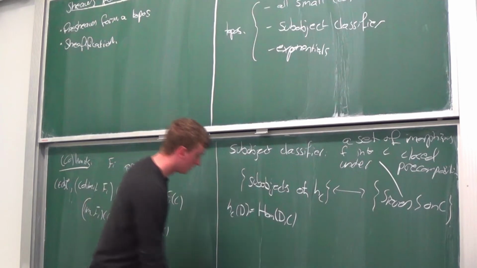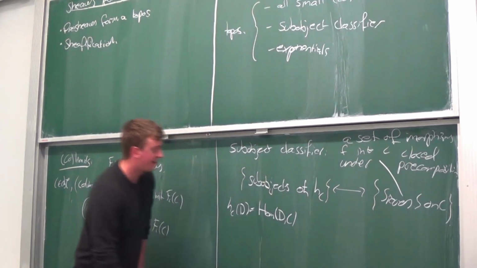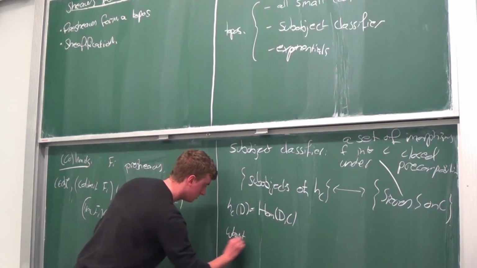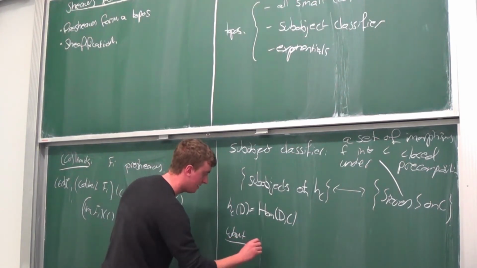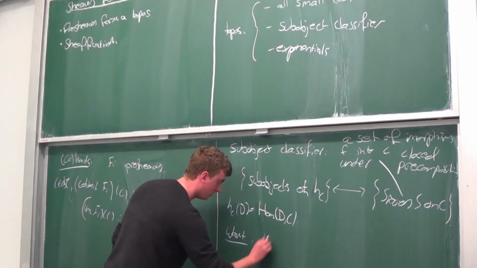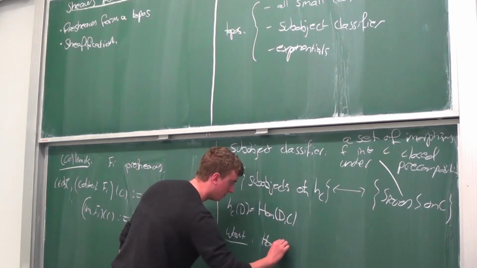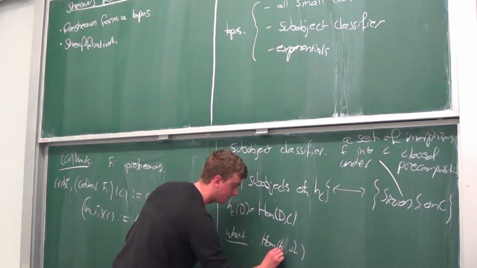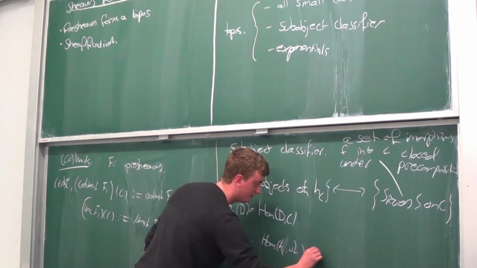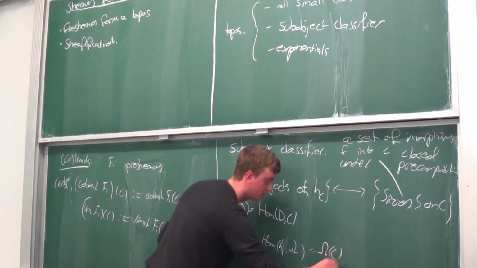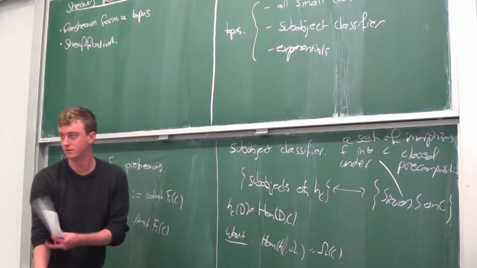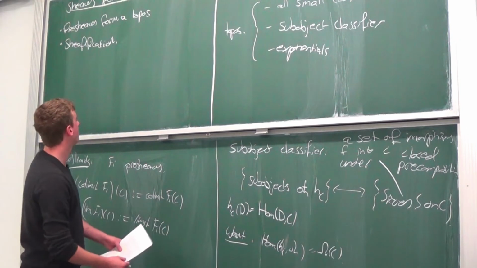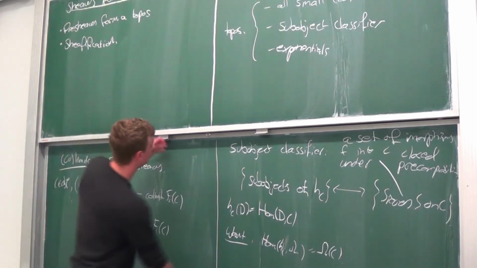So we want our subobject classifier Omega to satisfy that Hom(h_C, Omega) is Omega(C). This is the canonical choice that we're led to.